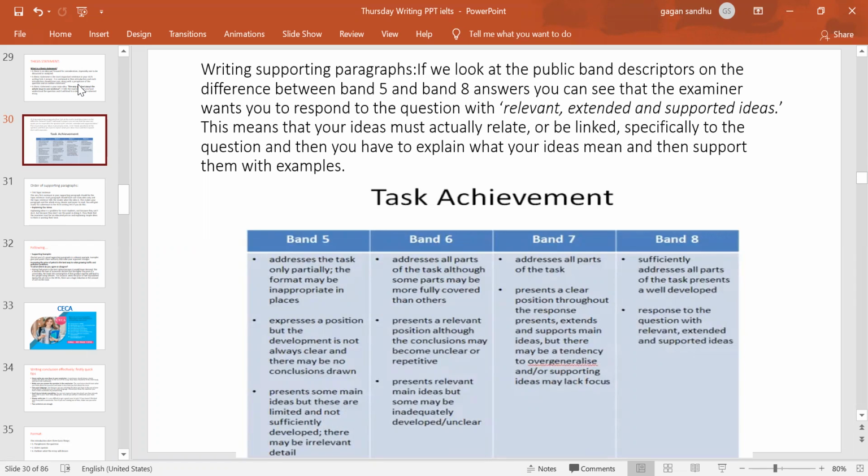This means that your idea must relate or be linked specifically to the question, and then you have to explain what your ideas mean, that is the explanation, and then support them with an example, right? So relevant, extended, and supporting ideas are the key here which make you get more marks.